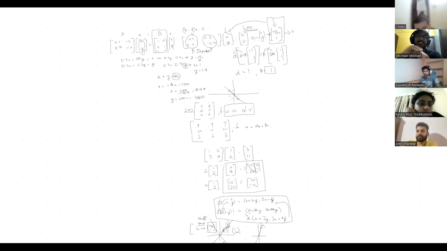I don't know what rank is, so it's okay. Let's not talk about rank yet. In simpler terms, if we had dependent vectors, no, let me think more. Sure, no problem. Let's return to the question now.